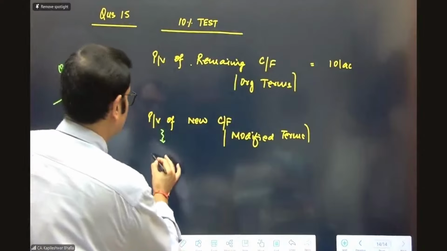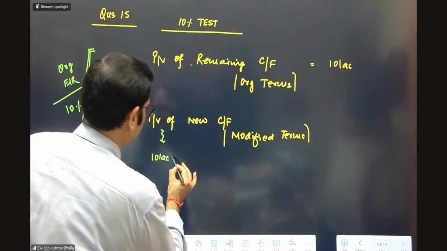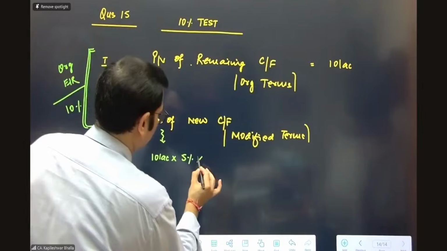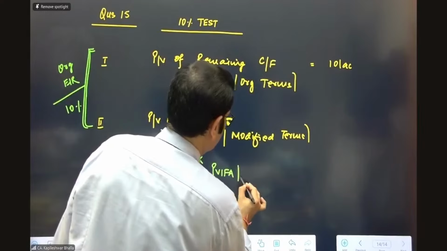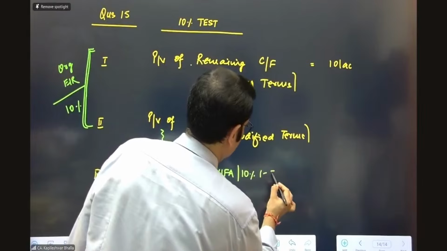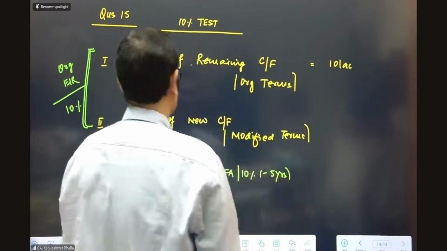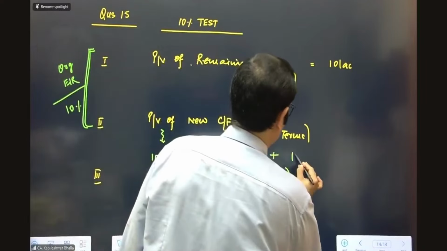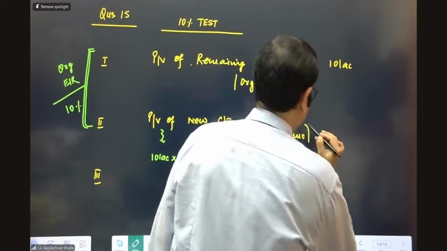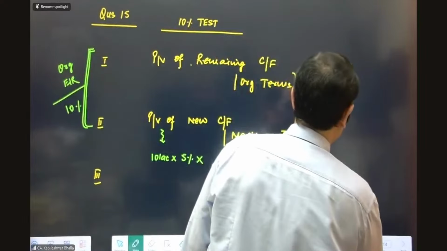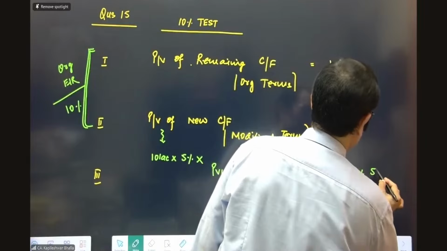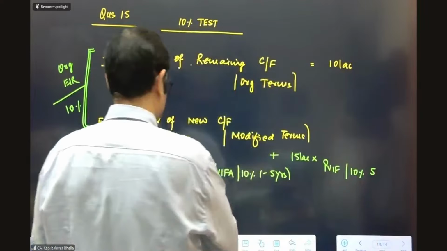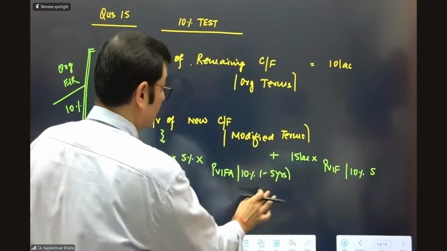So can I say on 10 lakh rupees, you're going to pay 5% for the next 5 years. So we need a PVIFA at the rate of 10% for the next 5 years. You also need to consider the principal repayment, which is now 15 lakhs. We need a PVIF at the rate of 10%, which is going to be 2 years later. So interest is going to be paid for 7 years now.